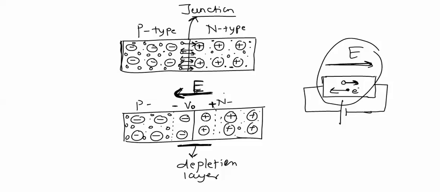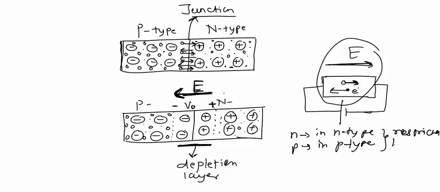So we can say that the electrons in N-type semiconductor and holes in P-type semiconductor will be restricted by the depletion layer and will not be allowed to cross the junction.